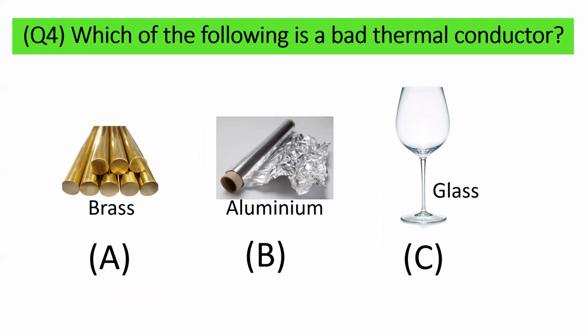So question 4, which of the following is a bad thermal conductor? Is it A, brass, B, aluminium, or C, glass? Hopefully you said C for that one. Brass and aluminium are good conductors of heat, or better than glass anyway.